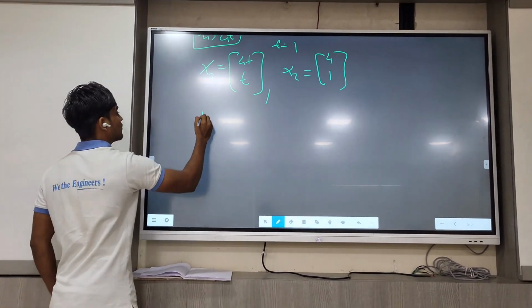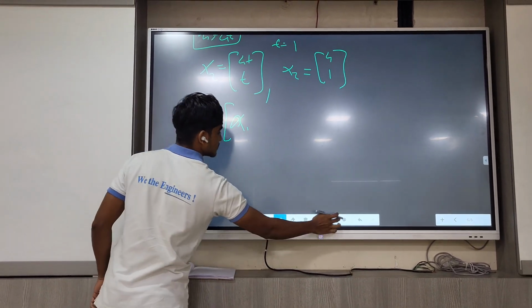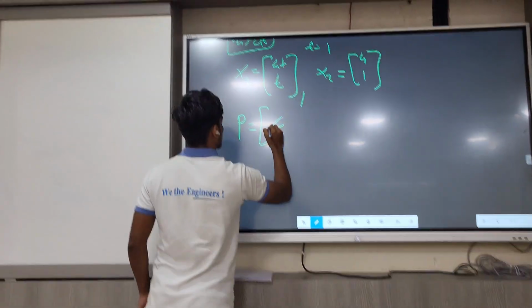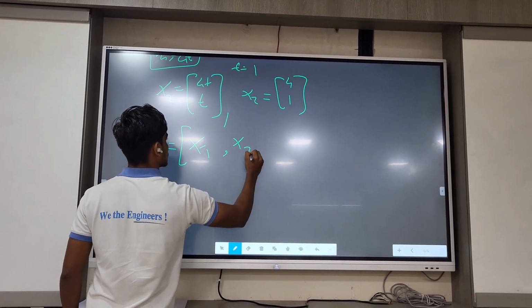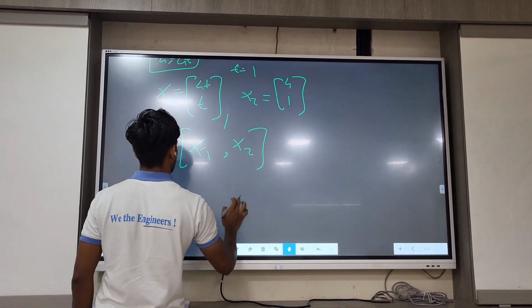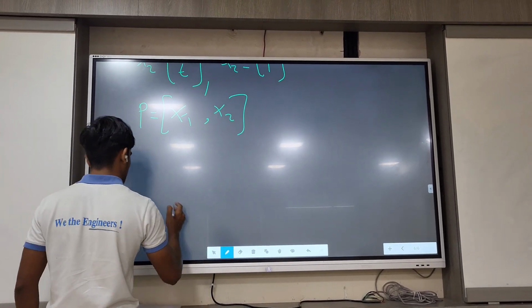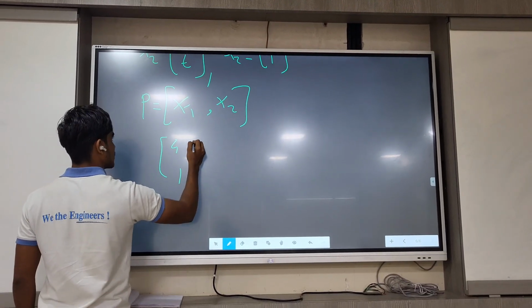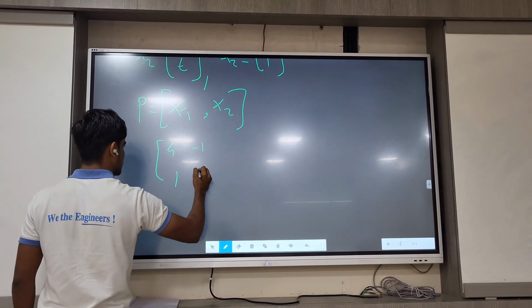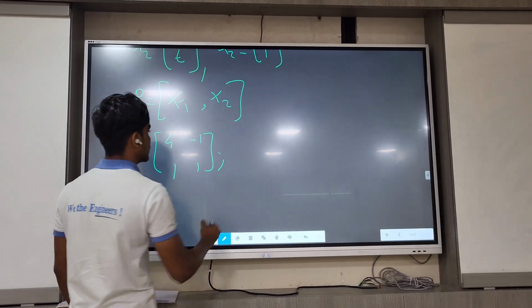So for finding P, we use x1 and x2. So we have to put P. What is x1? x1 is equal to 4, 1. And what is x2? x2 is equal to minus 1 and 1. So we have to calculate the P inverse for that.